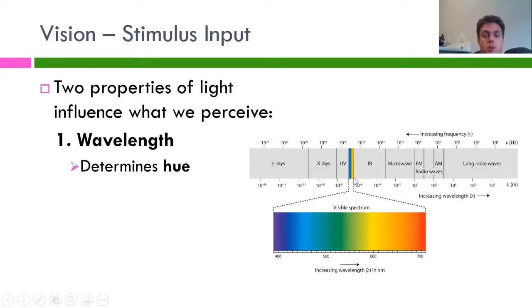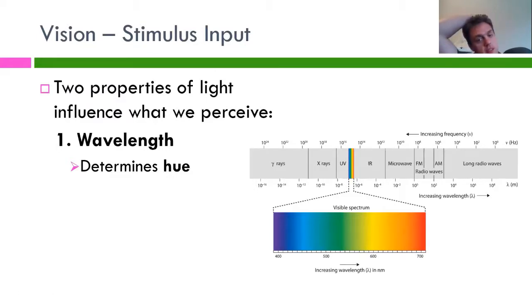So it's only this small little bit of the spectrum that's visible to humans. It gets a little bit bigger for some species. I think bees can see a little bit broader on the spectrum, but not a ton. And like I said, what we can perceive is only a small amount of the whole spectrum.